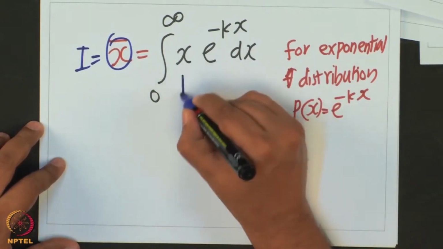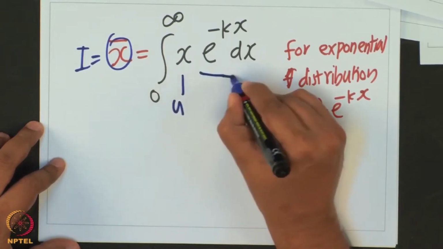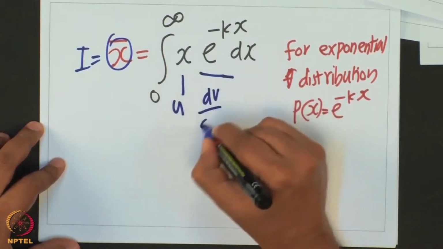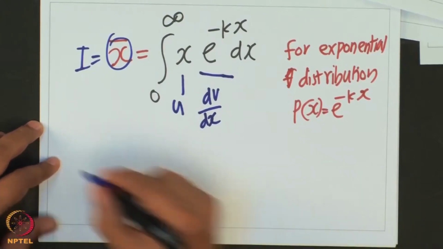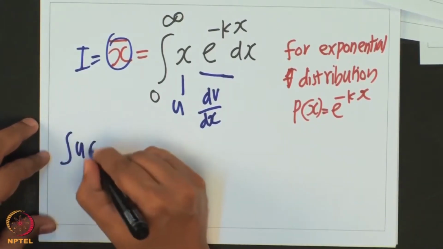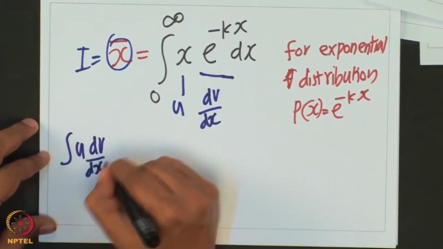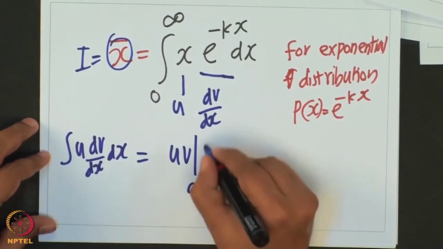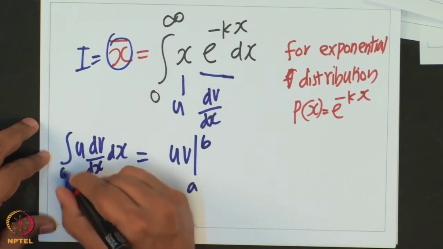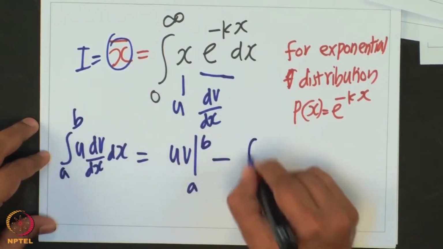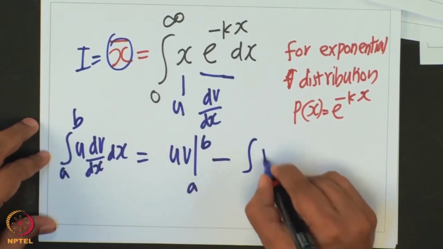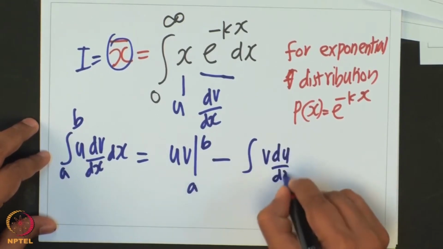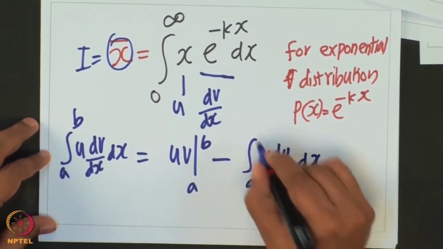So we would take this as u and this as dv by dx. And we said that the integral of u dv by dx is uv in the limit a to b minus the integral of v du in the limit a to b.